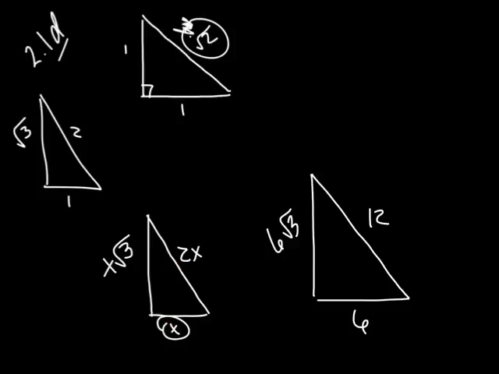Then if they give me any side at all, let's say they give me a 30, 60, 90 and they say this is 18, and they say find the other sides.